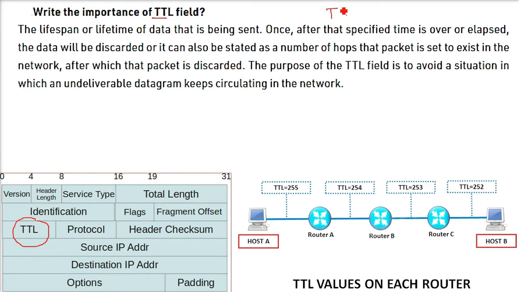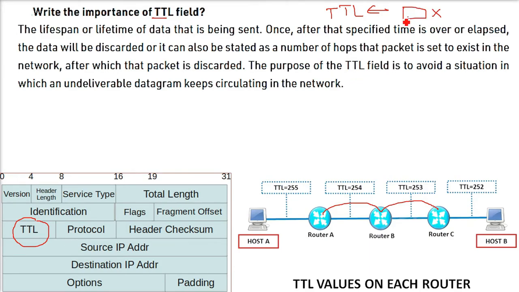It can also be stated as the number of hops that a packet is said to exist in the network, after which the packet is discarded. There is a number of hops or a time after which this packet will no longer be in the network.